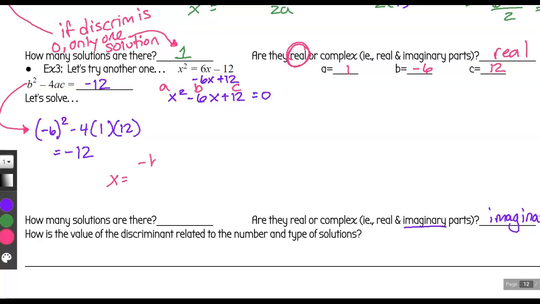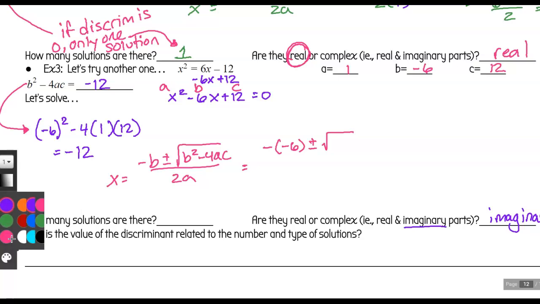X equals negative b plus or minus the square root of b squared minus 4ac all over 2a. We have a negative b value, which is negative 6, plus or minus the square root of, what did we find the discriminant to be? Negative 12. All over 2 times a, which is 1.